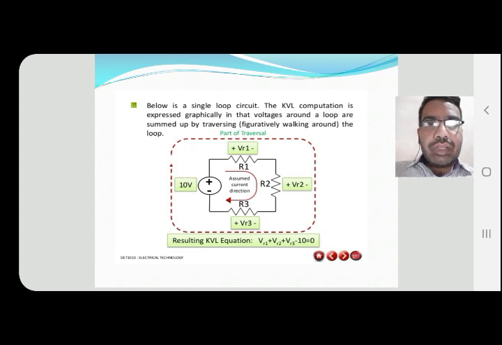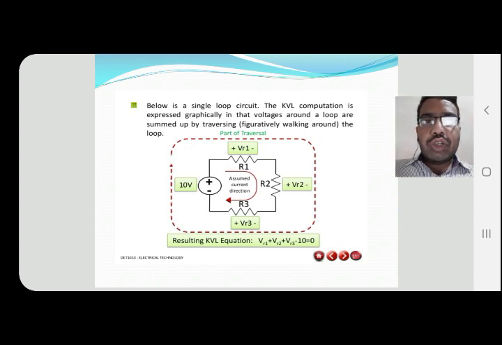For example, in the circuit we can see I have a 10 volt source and R1, R2 and R3 as resistors.